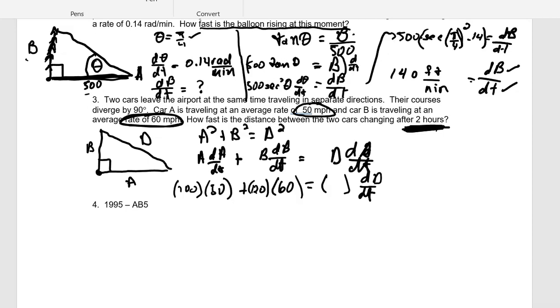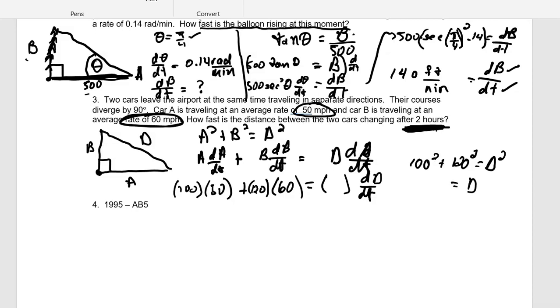The missing element that we don't know is D, but we can do our Pythagorean theorem. We know it was 100 miles squared plus 120 miles squared would have to equal our D squared. We could then solve that. That would be, don't round this.